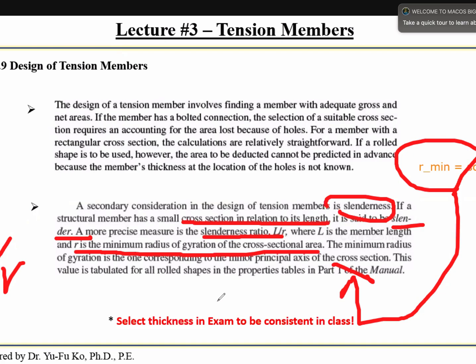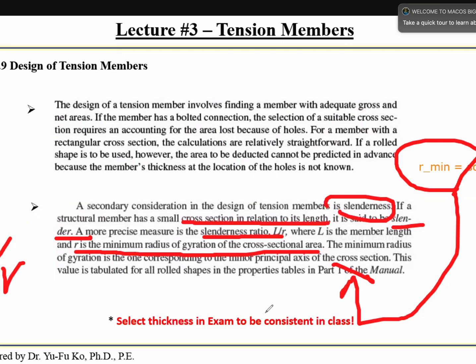Remember, in the exams, if there's a design problem, I will give you the dimension of the cross sections. What you need to do is calculate and pick the thickness. That's why everybody can be consistent in the answer. Otherwise, you can come up with several different answers because everybody's design has different options. Maybe I would like to pick 5 by 8, another guy wants to pick 10 by 8.